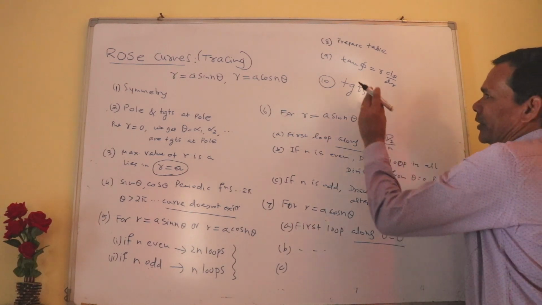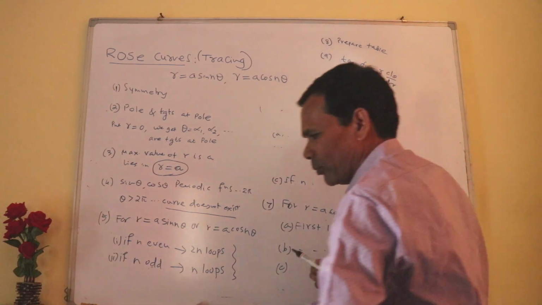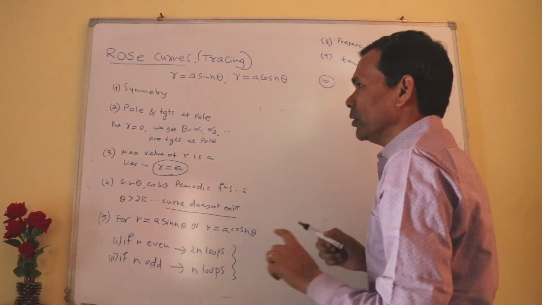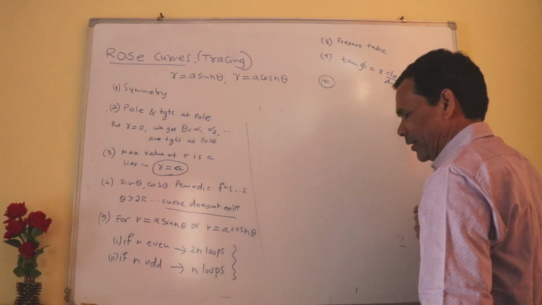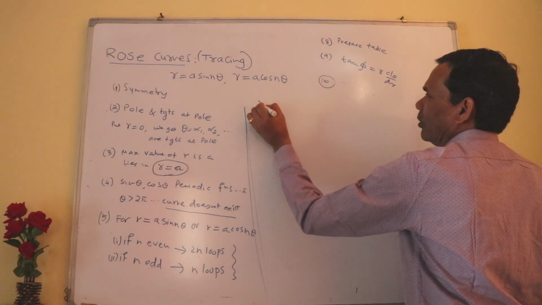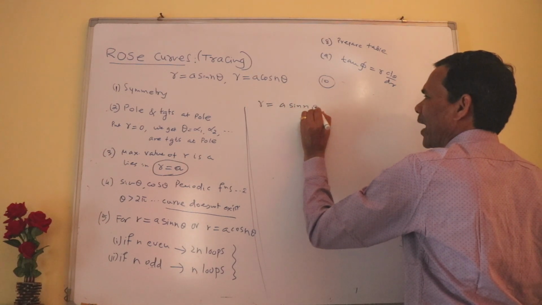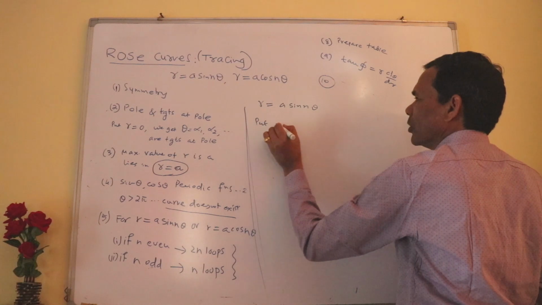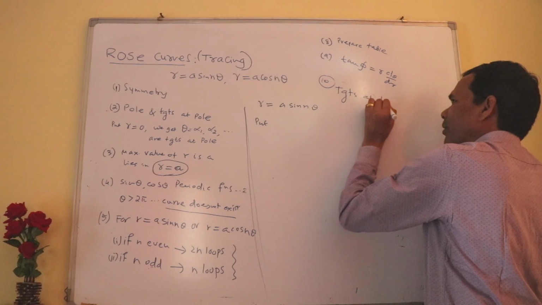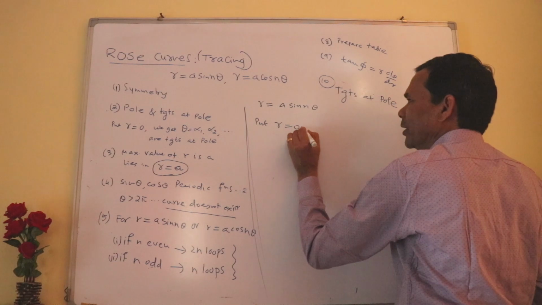And the last point over here: how to find the tangent. It is very clear, all the time for any type of curve. To find the tangent at the pole, the same technique is to be used. For the curve r is equal to a sin n theta, put r is equal to 0 in the equation of the curve.